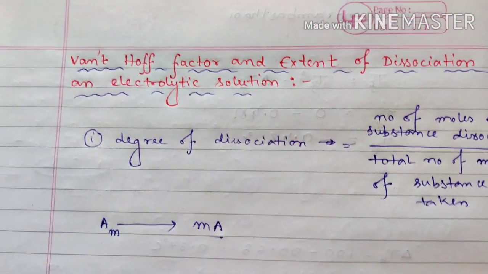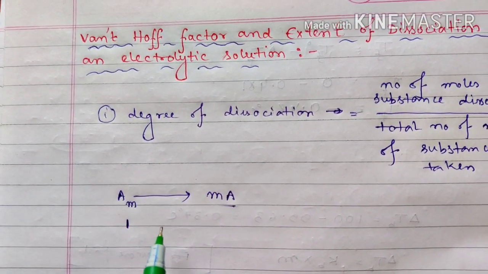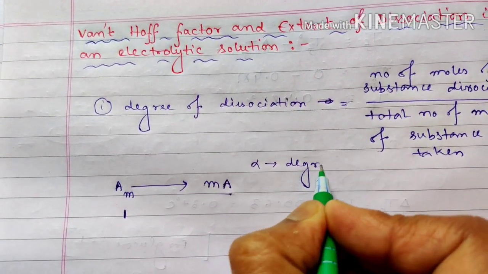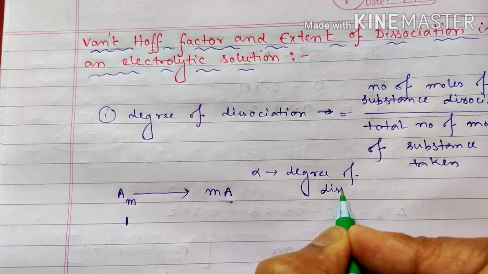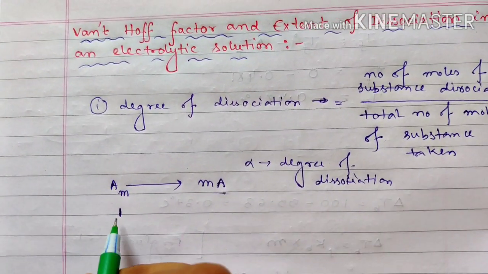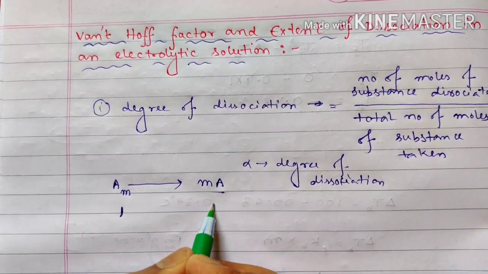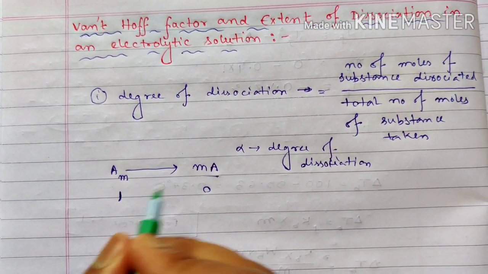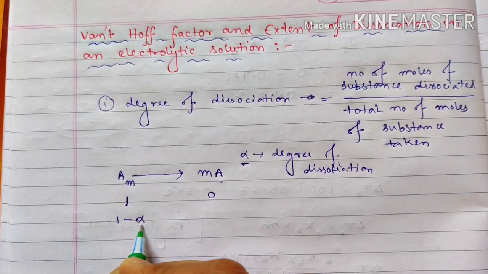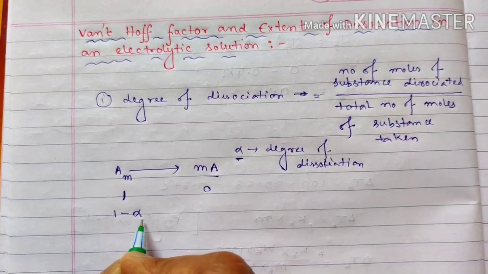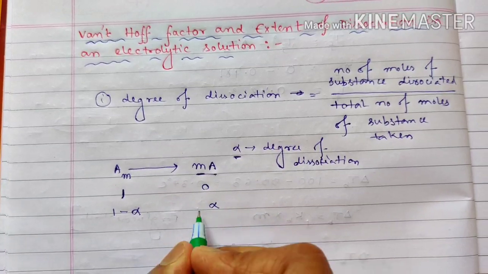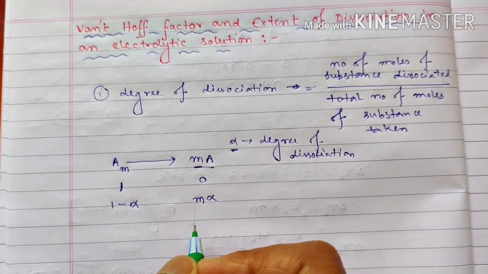Now suppose we have started with 1 mole, and alpha is the degree of dissociation. So initially it is 1 mole and it is 0. After some time, since alpha is the degree of dissociation, alpha amount will be dissociated, so it should be 1 minus alpha. And here alpha amount should have been formed, but it is m number of ions, so it should be multiplied with m.